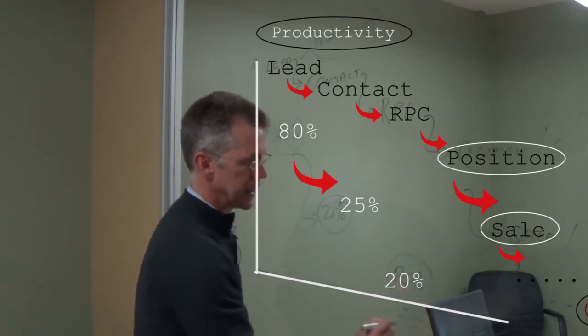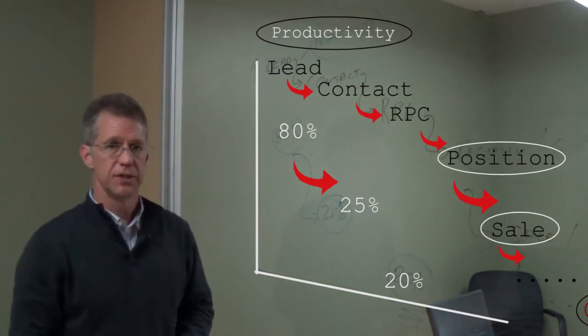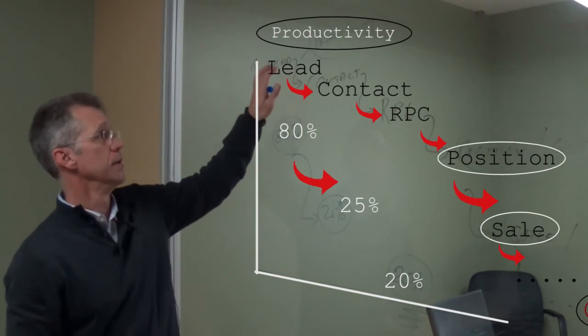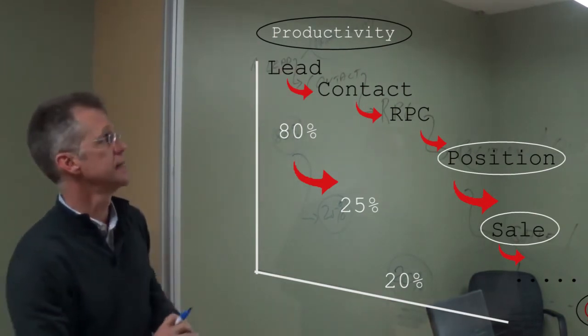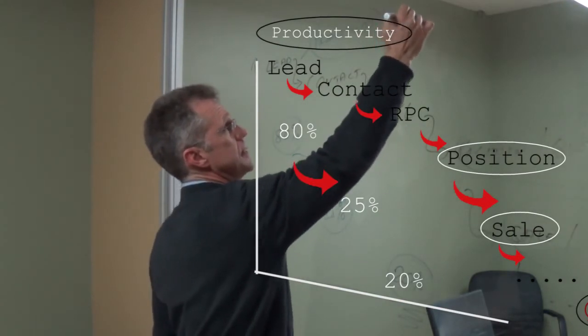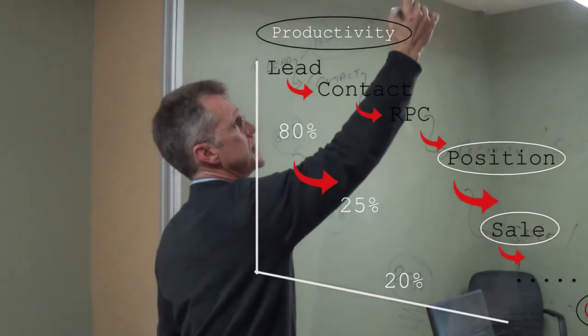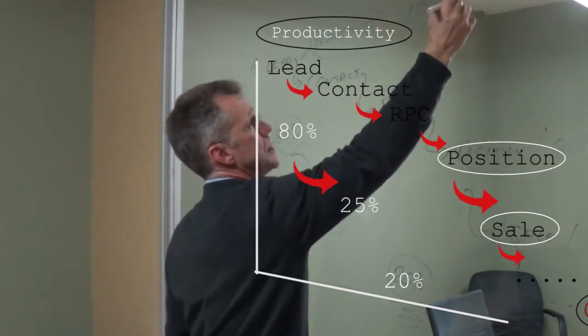And now I have a baseline to work with. If I then look at a productivity measure and I say that on the number of leads that I access, for every hour I'm able to access 10 leads, or let's just reduce that and say I'm able to access 10 leads.